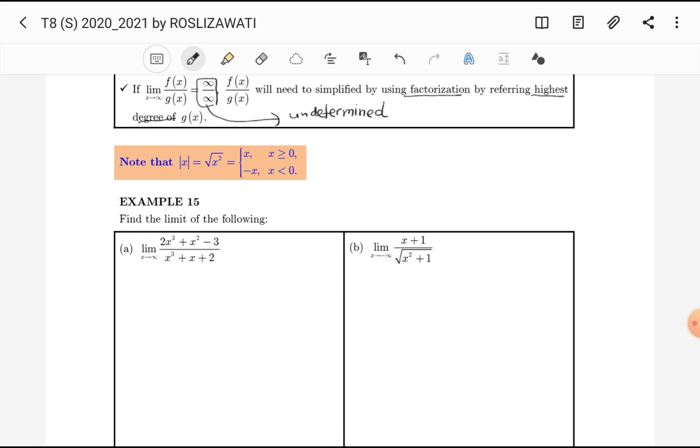So we go to example number 15. We have x approaches positive infinity. So kalau awak ganti directly, memang first step kita dalam limit memang kena ganti directly dulu. So kita cuba ganti directly. So we have 2 times infinity cube is still infinity, plus infinity square infinity, minus 3 kat belakang ni tak efek apa-apa.